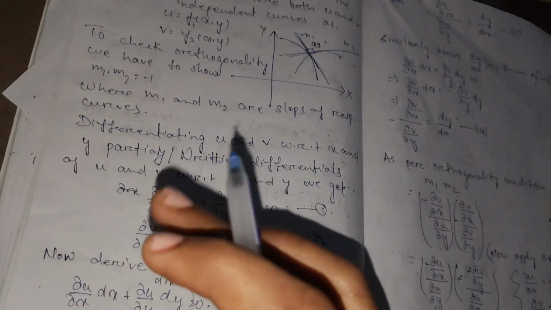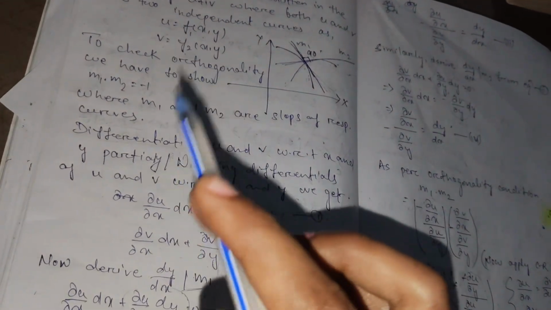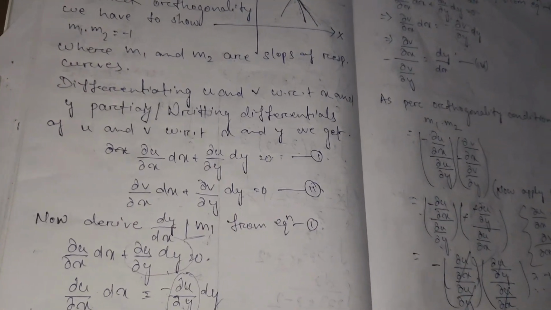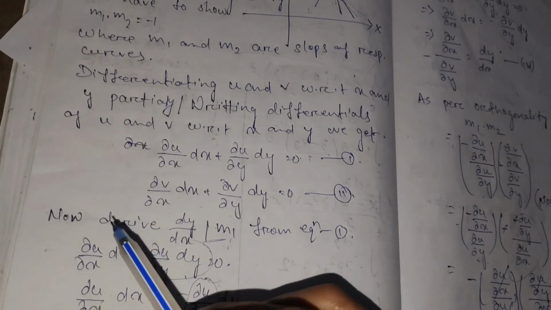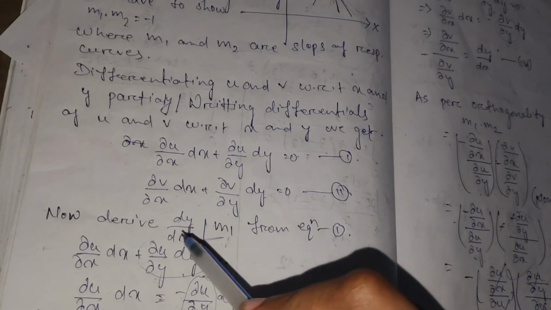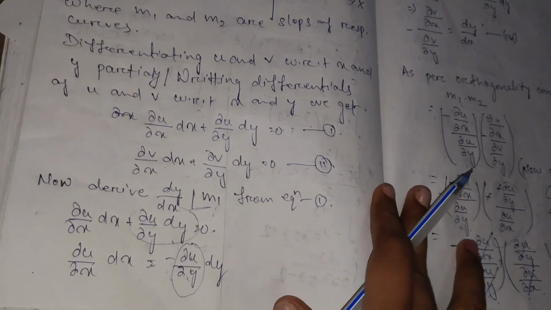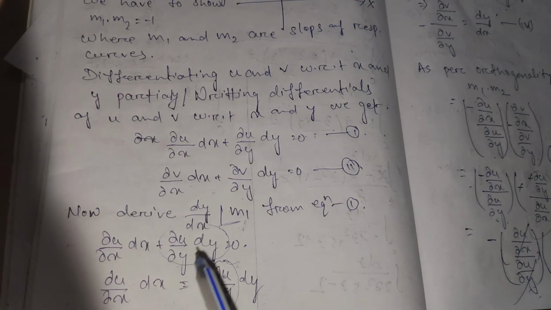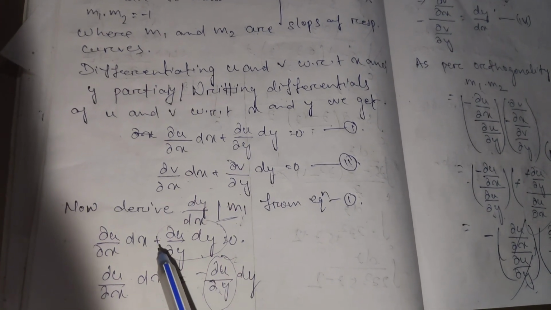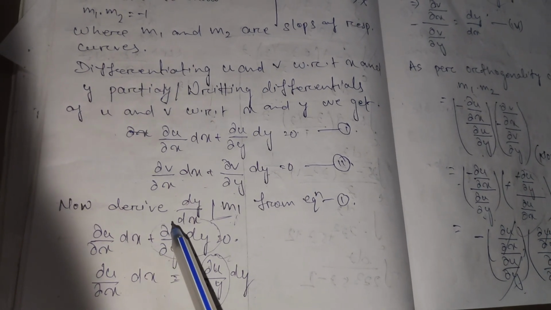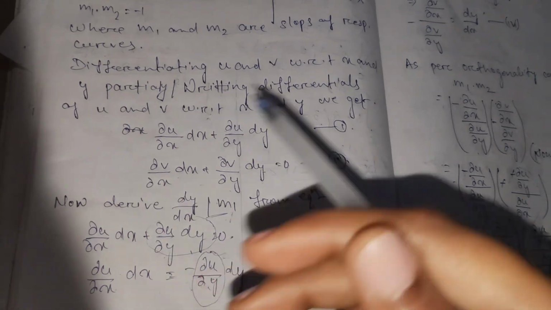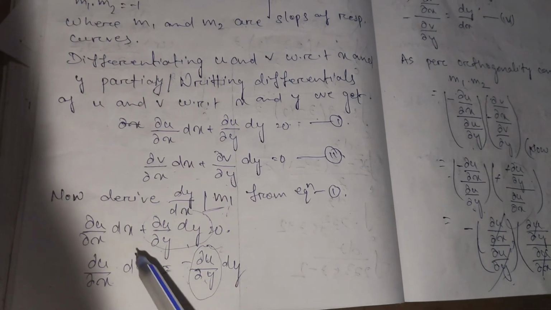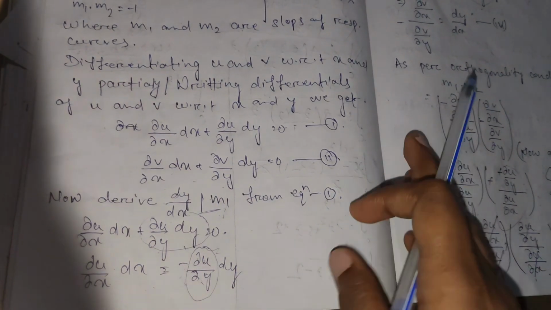Now, let's derive the slopes of the respective curves using these differential equations. So m1 is equal to dy by dx. From del u by del x dx plus del u by del y dy is equal to 0, let's move this term to the RHS of the equation. Then we get del u by del x dx is equal to minus del u by del y dy.